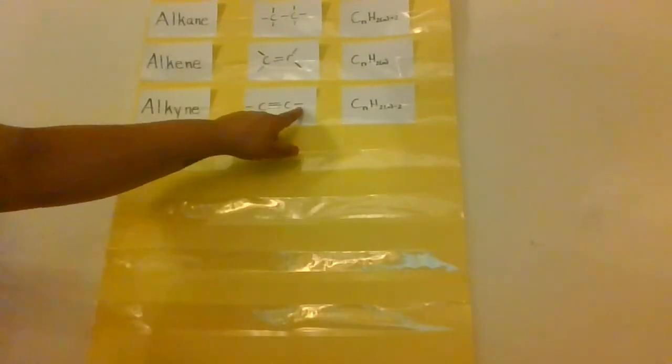So we have C2 again. Then we have H2 times 2, which again is going to be 4. But alkynes are going to be minus 2 because there's a bond taken from each of those carbons and it's bonding to the neighboring carbon. So here we would have 2 times 2 is 4, minus 2 leaves us 2. And here you can see there are 2 available spots for hydrogen. So those are going to be our basis of knowing the types of bonds or structure we have.